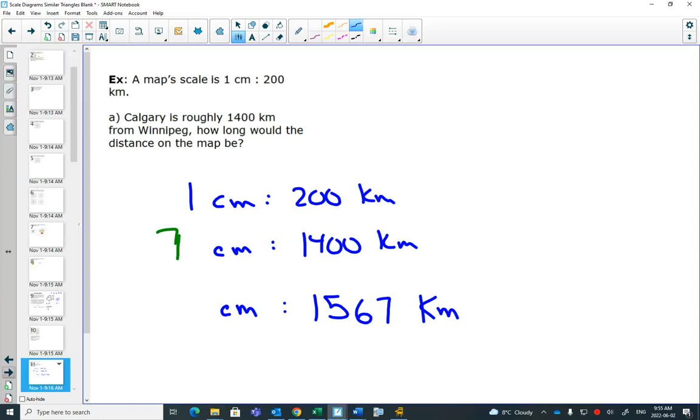You could estimate it for sure. It's got to be more than 7 and less than 8. But how would you do it exactly? Well, you take your 1,567 and divide it by 200.